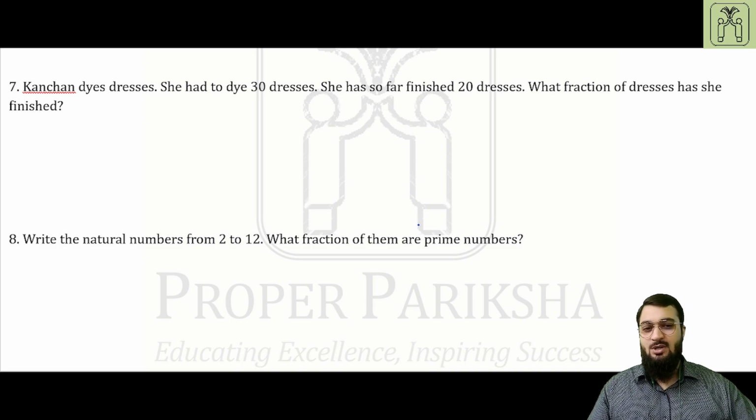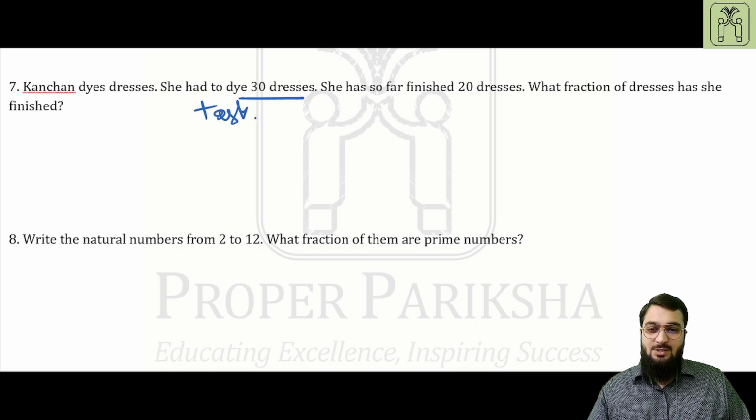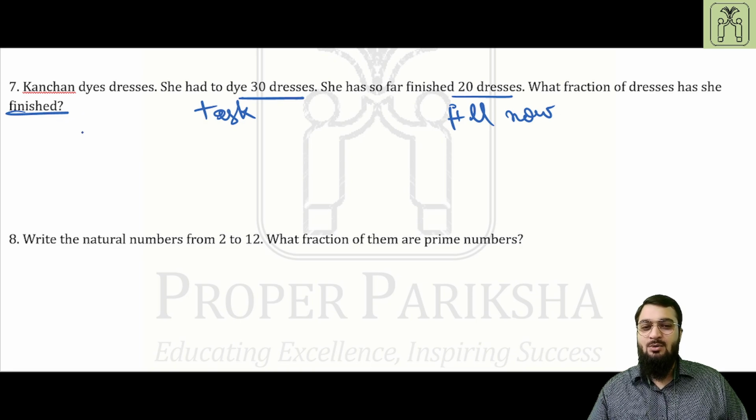The question now comes that how much task is left remaining. So you need to understand that the total task is 30. That is, she has to dye the dresses, and till now this much has been completed, and this is what fraction of the dresses she has finished. So it is just asking about that.